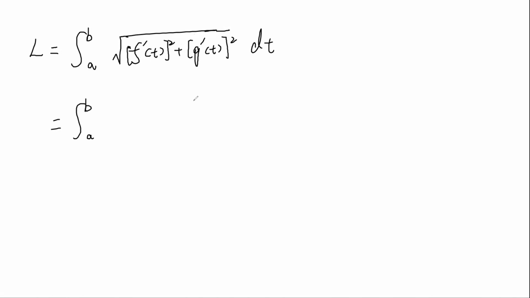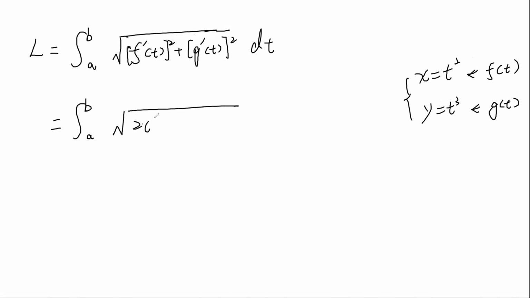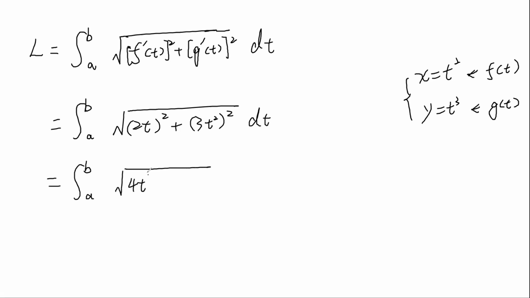In this case, x is equal to t squared, which is our f of t, and y is equal to t cubed, which is our g of t. So f prime of t is just equal to 2t, squared. And g prime of t is 3t squared, squared dt. And this is equal to the integral from a to b of the square root of 4t squared plus 9t to the 4 dt.